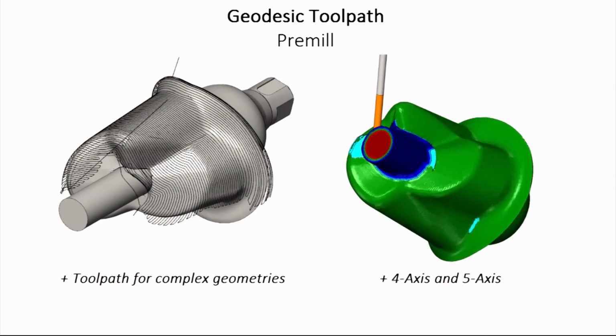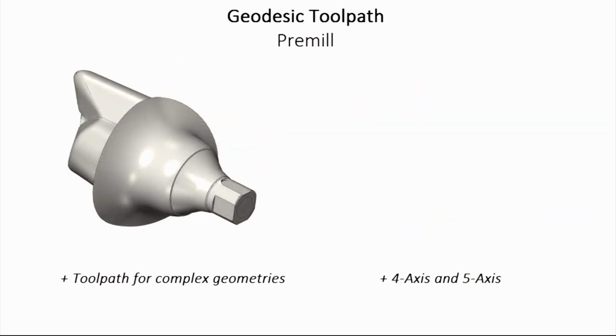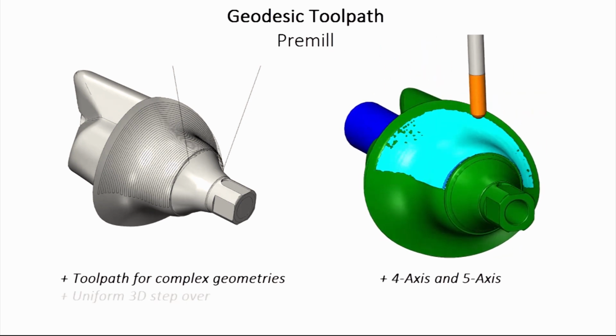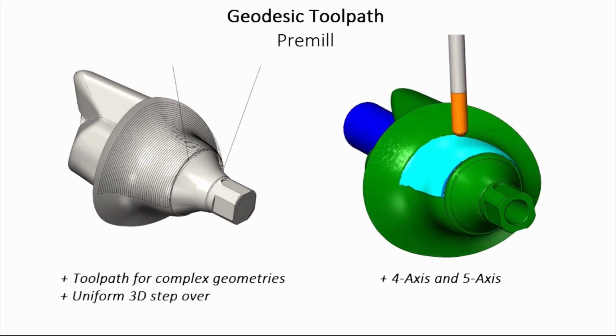The feature is available with a 4-axis or 5-axis option, and can be implemented on any kind of surface. We can see here the steep area of the emergence profile of this abutment.